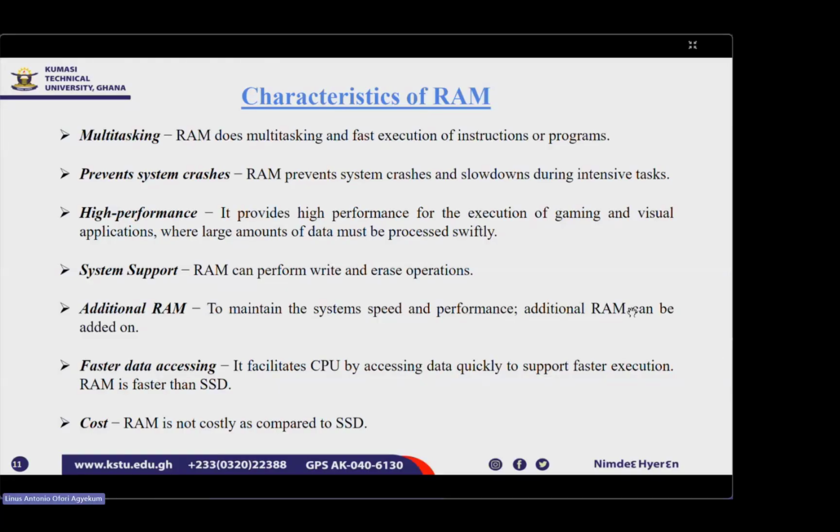Look at those of you who probably love games, or those of you who watch movies in high definition, or have software that renders with very good resolutions, you will see that the RAM in such systems that are able to give you such resolution as well as high performance gaming is very big.